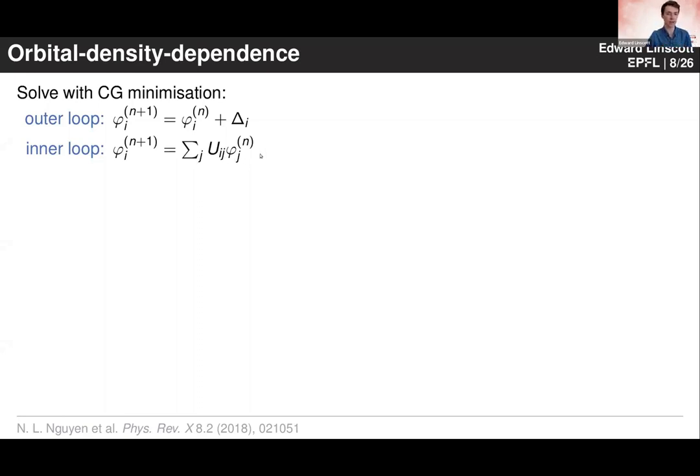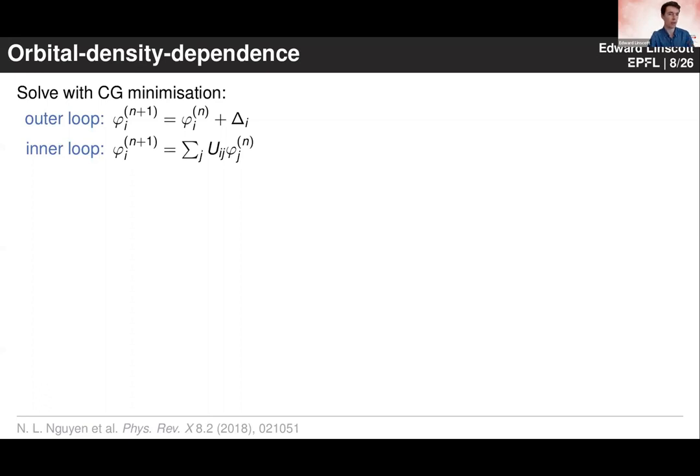Now note that this operation doesn't change the total density. So if I was to do this algorithm within a density functional theory, this step would have no effect. The DFT functional would not care about the fact that I've mixed my different orbitals together, because ultimately the total density doesn't change. But for an ODD functional, this sort of rotational invariance is broken, and so these sorts of operations become important.